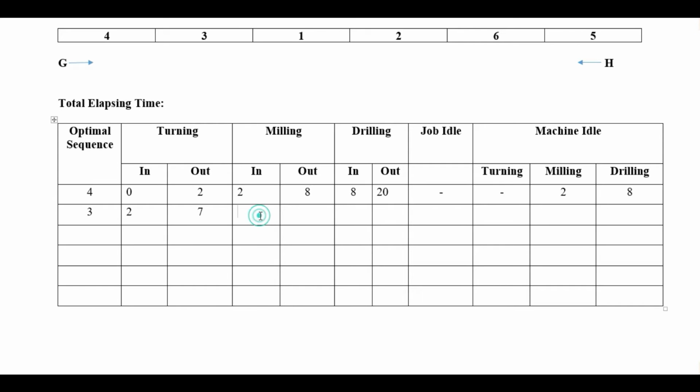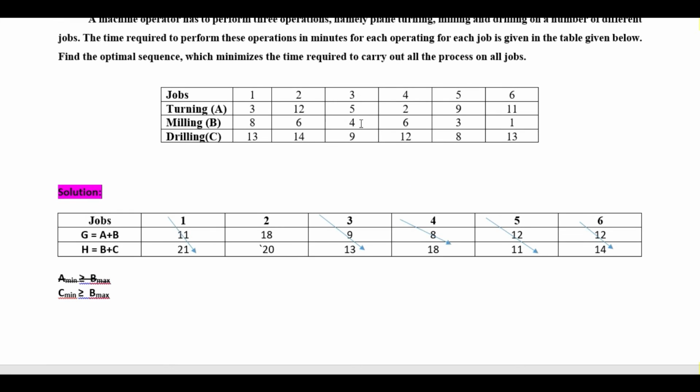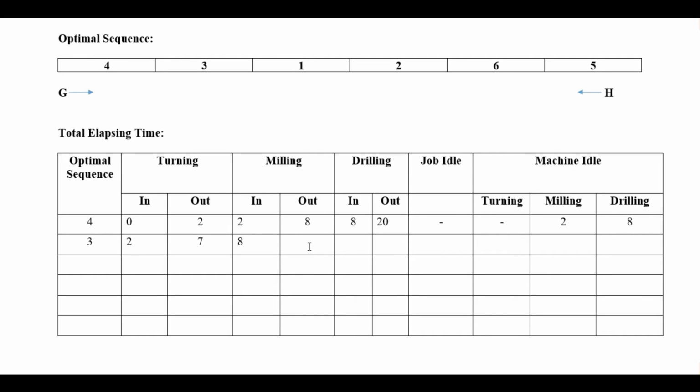So the job should be in idle condition for 1 minute. After 8 minutes the third job can be loaded into the milling machine. The milling operation of the third job is 4 minutes. So 4 plus 8, so 12. After 12 minutes the milling operation for the third job will be completed.